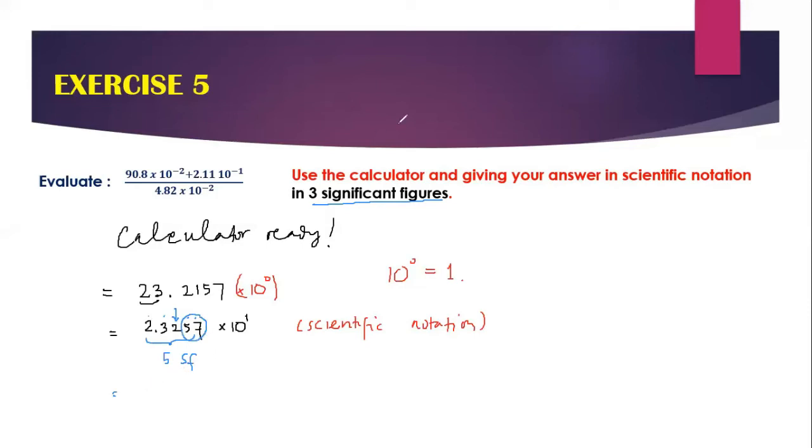So, students, 2.3257 times 10 to the power of 1. 7 will round up to 1, so 5 will be 6. And 5 and 6 will round up to 1 again here.